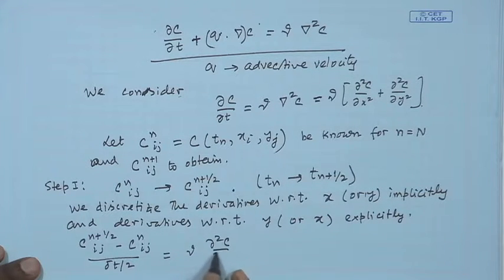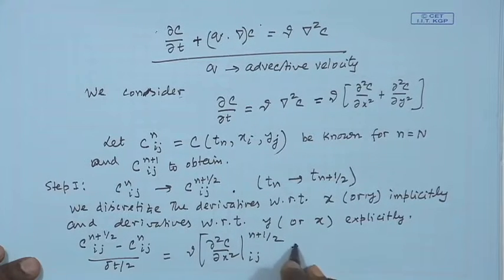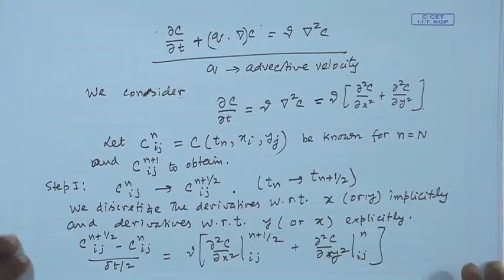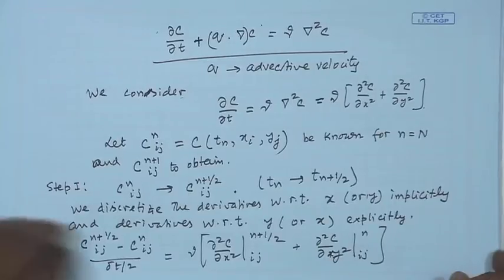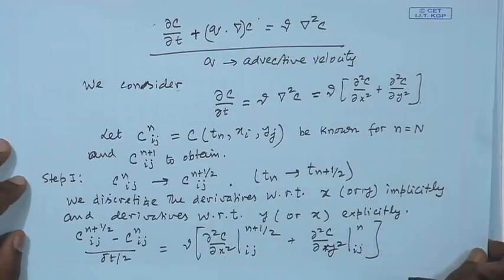That means this is the one to be kept at the current time level, and this is the one that is explicit, that is, at the previous time level. And then we use the central difference. So, if we use the central difference, what will it look like? This is the one.